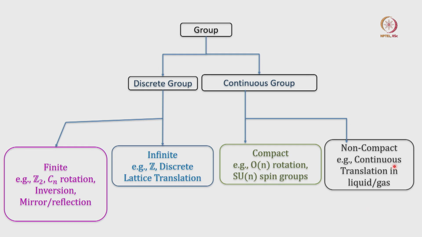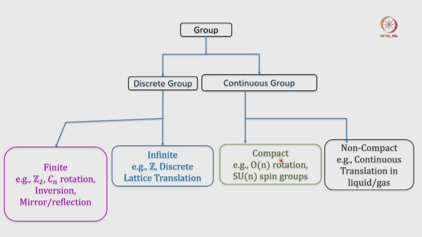Okay. Compact group, for example, if you have rotations, so rotations are defined by 2 pi, or even the periodic boundary conditions are defined by translation by discrete vector and so on. And those things also form a group.